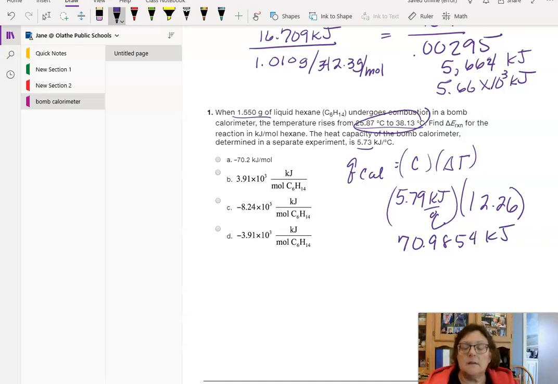Now that is the energy for that partial mole. So what we want to do is figure out what it would be for the whole mole. So we're going to divide it by the partial mole that we had. We had 1.550 grams. Hexane's molar mass is 86.